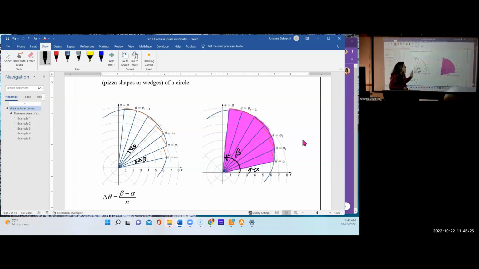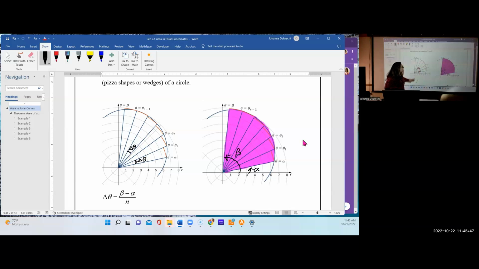Now, in order to actually be able to compute that, we're going to use a triangle to approximate. The triangle has a flat end, and if you look closely at the picture here, you'll see that it's not actually going all the way out to the curved section of the polar curve. It's got a flat end on it.